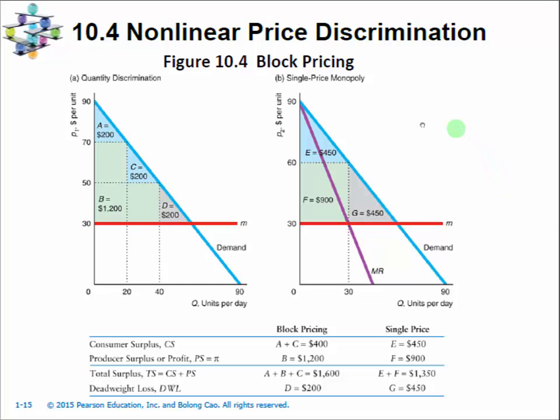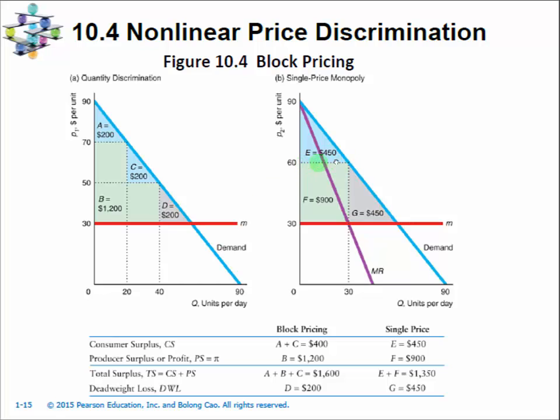In panel B, we are considering a monopoly who just sets a single price, or say the uniform pricing monopoly. The quantity where the marginal revenue meets the marginal cost is 30 units, and at that 30 units quantity demanded, the price is $60 per unit.